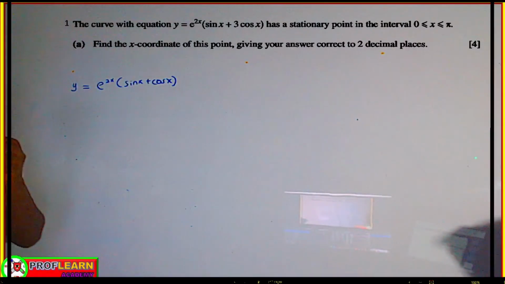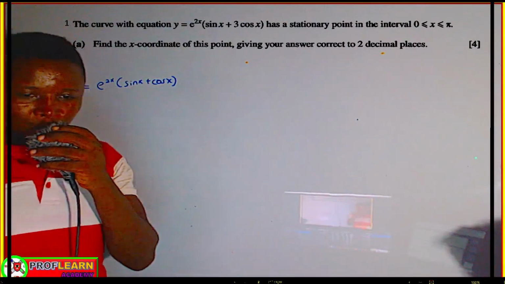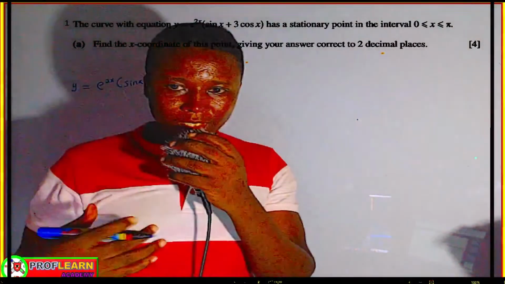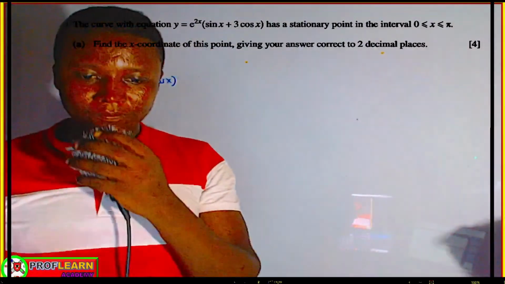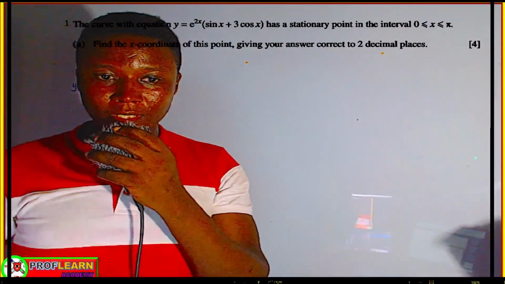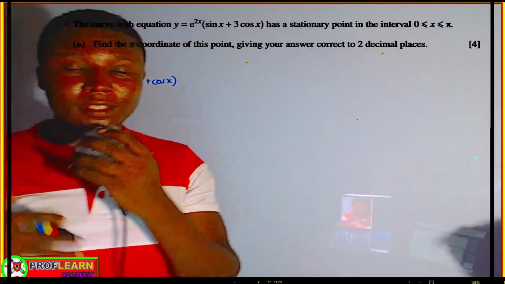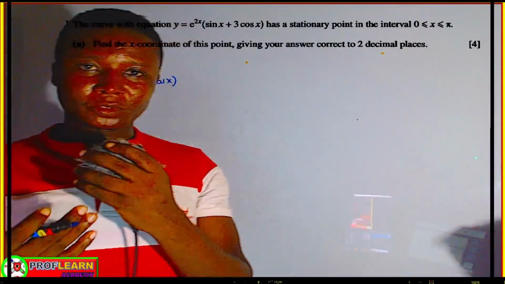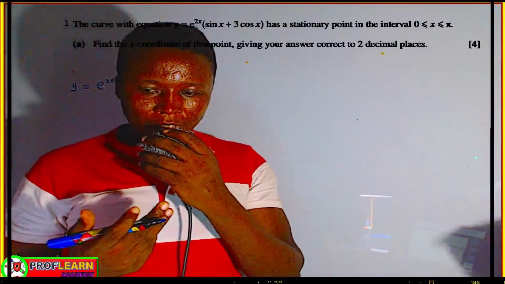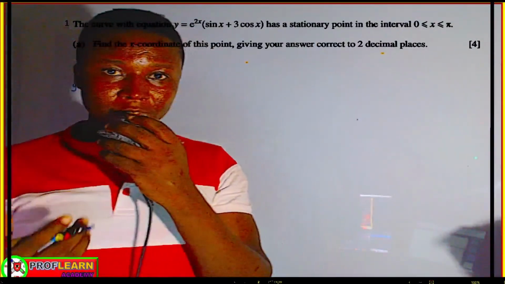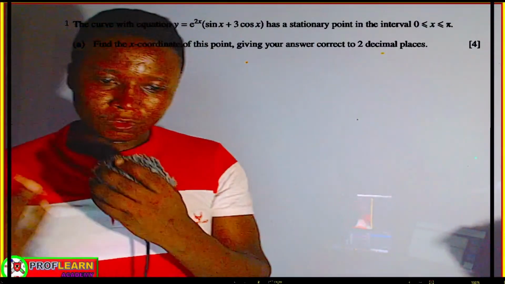So you ought to decide the technique you can use. You can differentiate using power rule. At the same time, you can use quotient rule if you have two functions which are divided together. You can also use product rule if two functions are multiplied together.